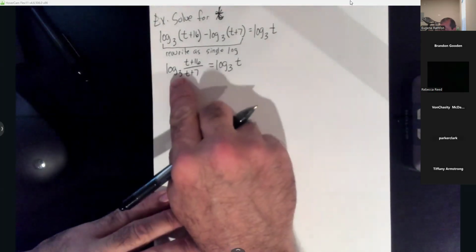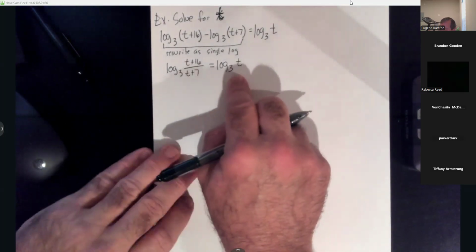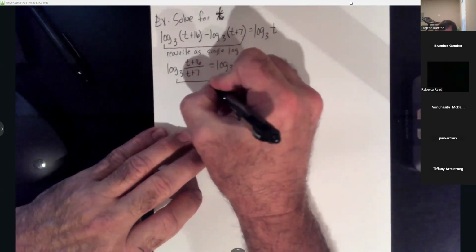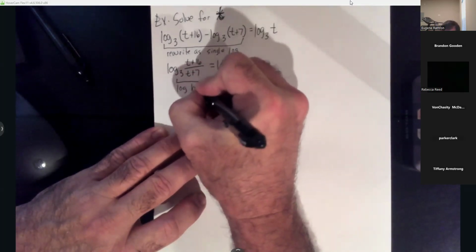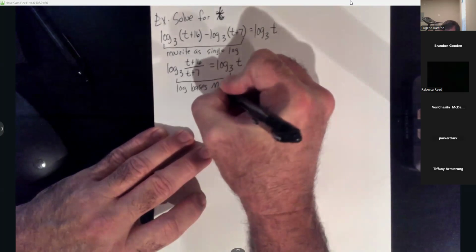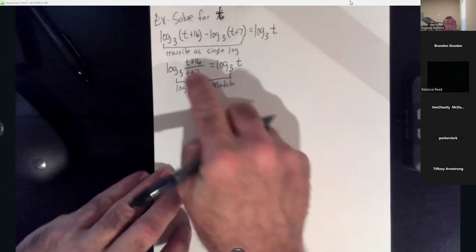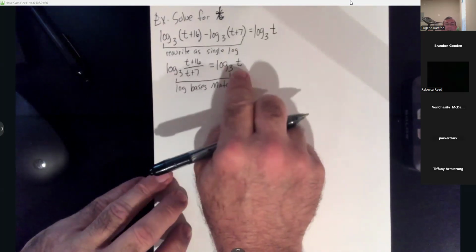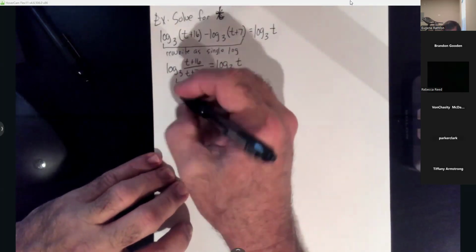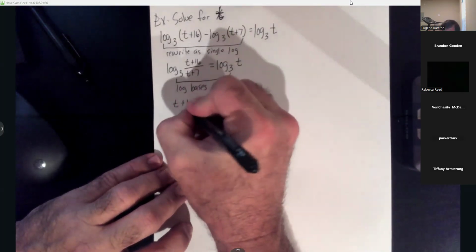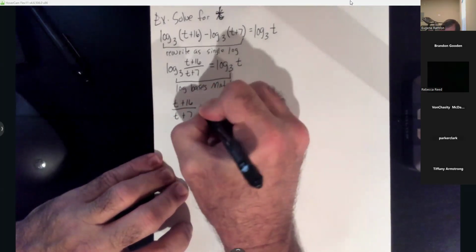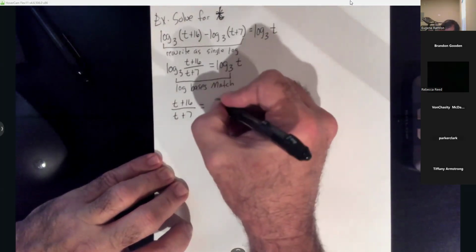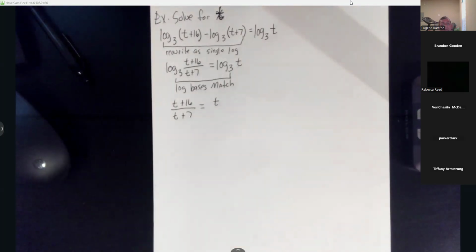So I have a log base 3 on the left side and on the right side. These log bases match. Since these log bases match, that means t plus 16 over t plus 7 is going to equal the t on the right side.